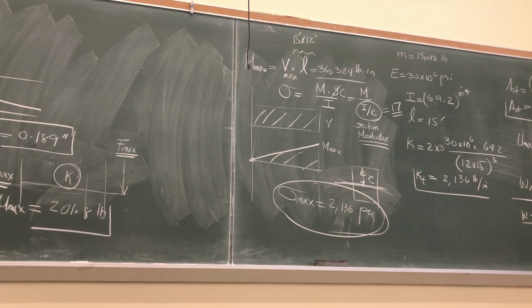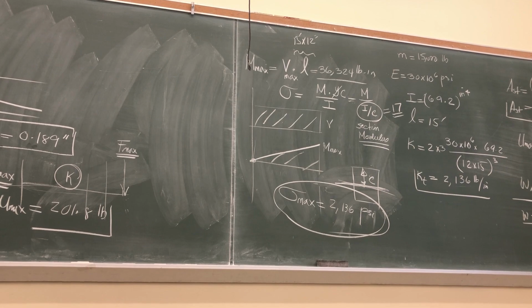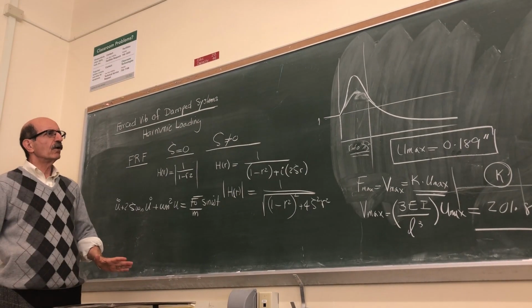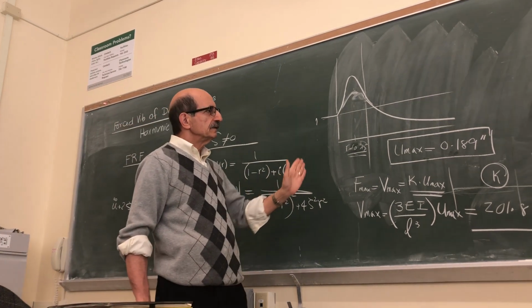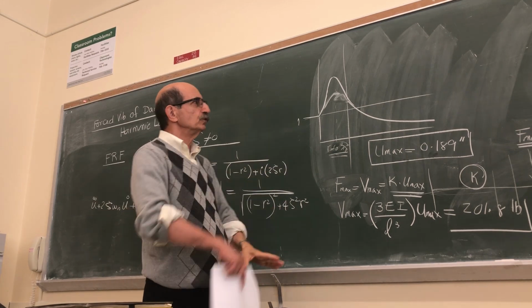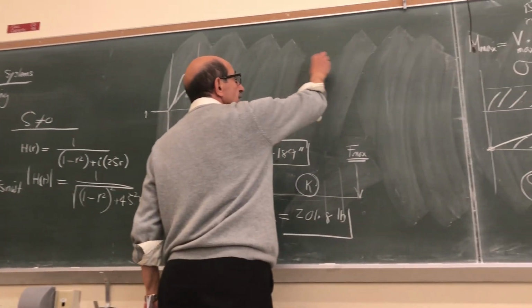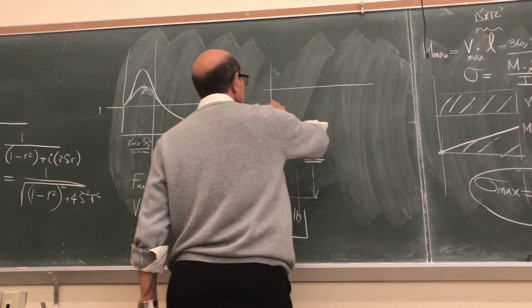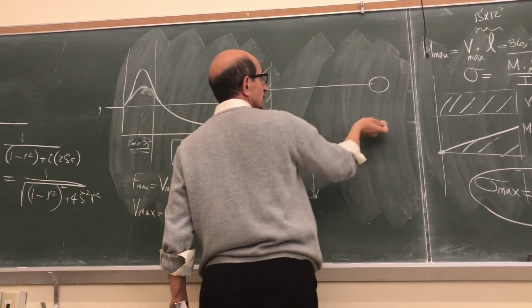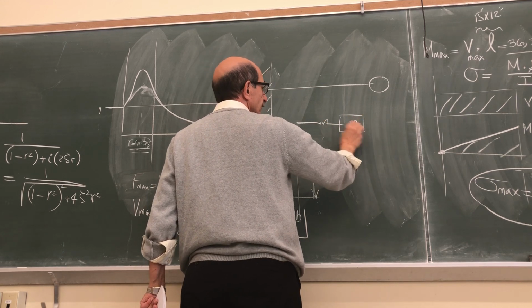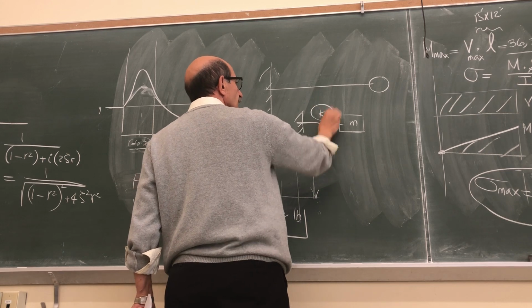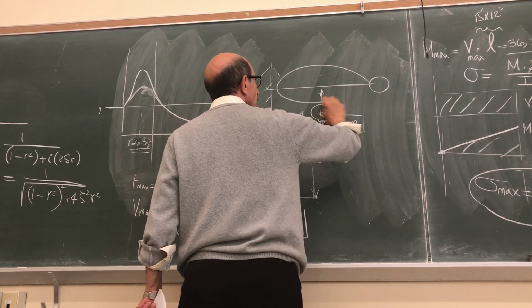Any questions? Okay. I'm sure you raised this question: am I expected to remember everything from the strength of material? No. All you need to know is just the basic concept that since you were able to replace any system with an equivalent single degree of freedom system, this K is the stiffness of this guy, right?